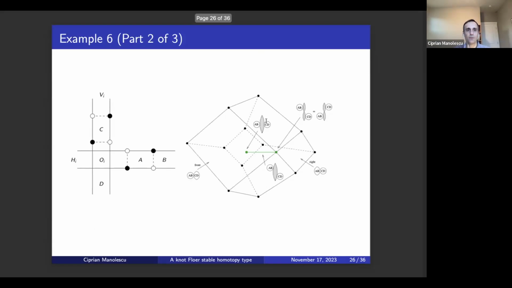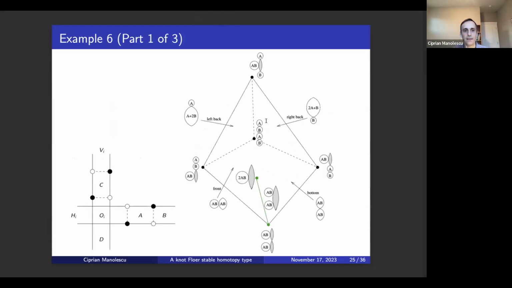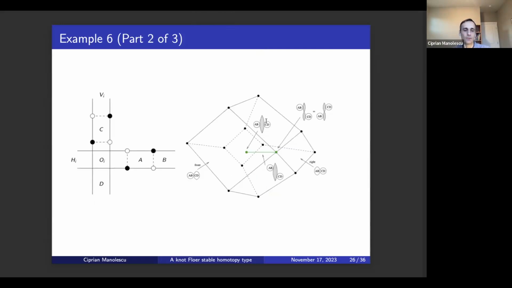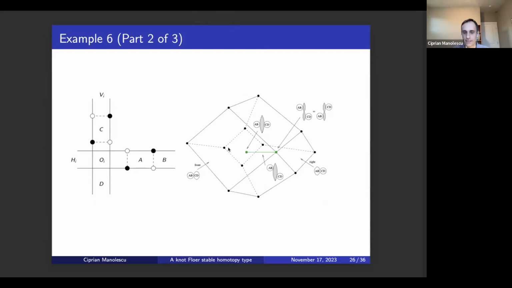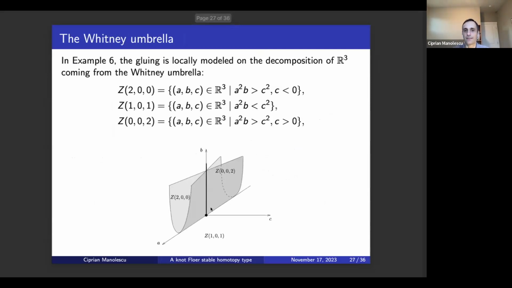So basically, when I have the equivalence class made of 2AB versus AB plus CD, so two times the row versus the row plus the column, and also twice the column, I have two copies of this. This is the one corresponding to two rows and two columns. I want to glue them to this other picture. And the way to glue them is this Whitney umbrella.